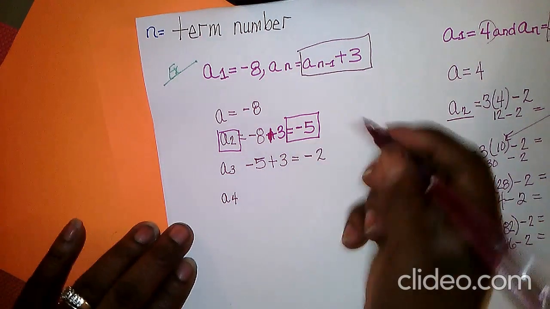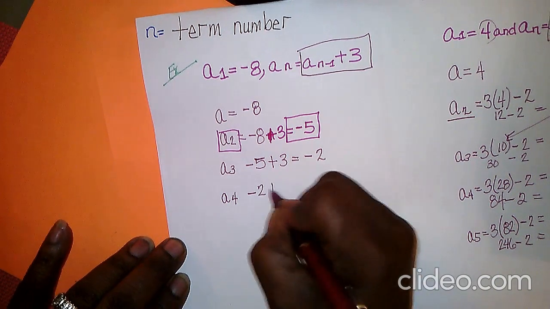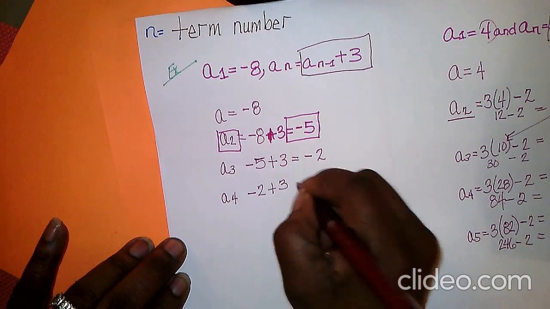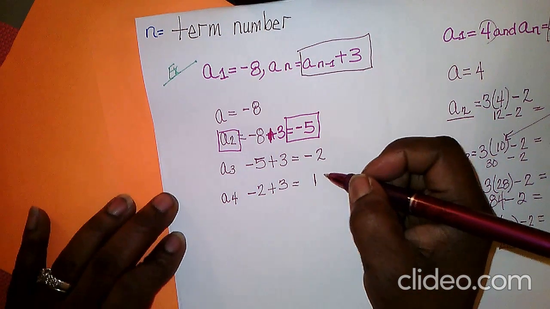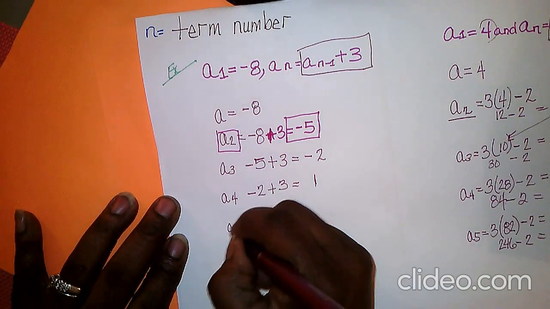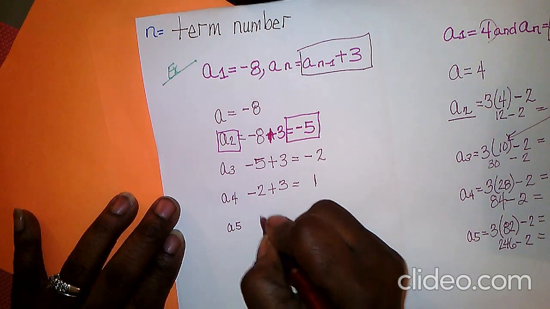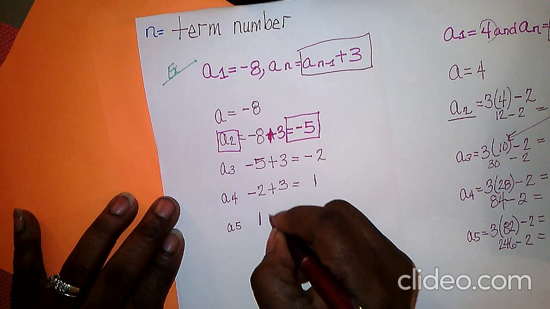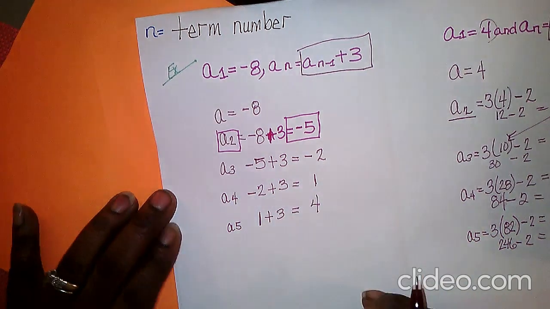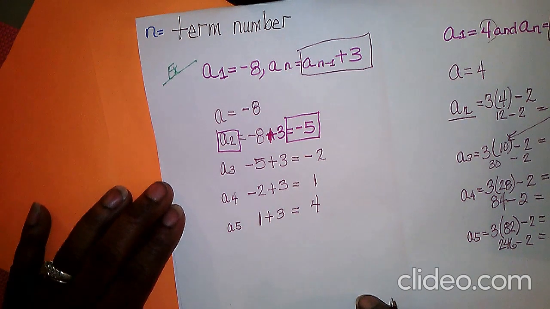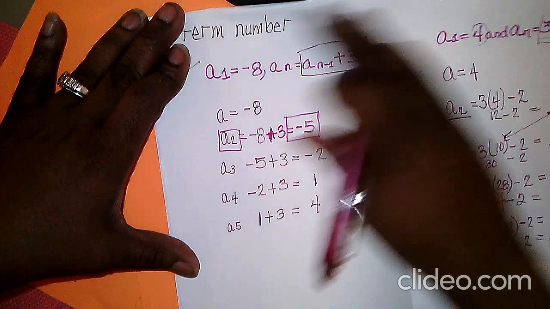A4, and you're going to substitute negative 2 plus 3 gives you positive 1. And then for A5, you're going to substitute A4, and that's going to be 1. 1 plus 3 gives us 4. So A5 equals 4. And look, that's it for that problem.